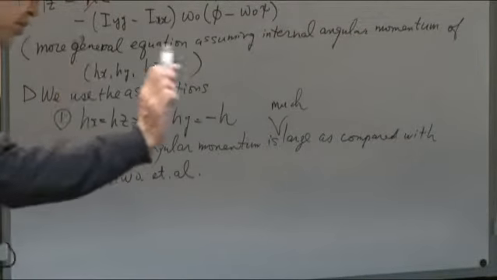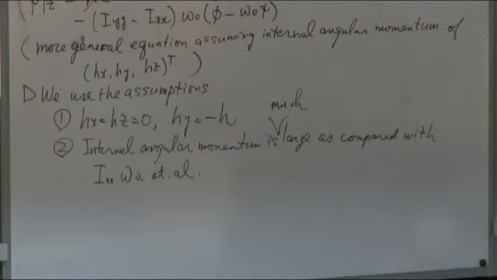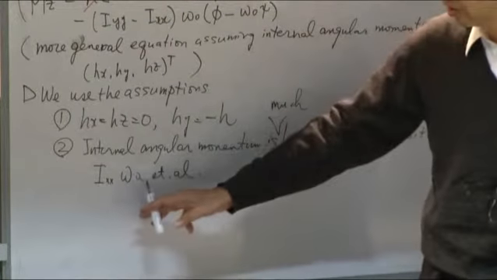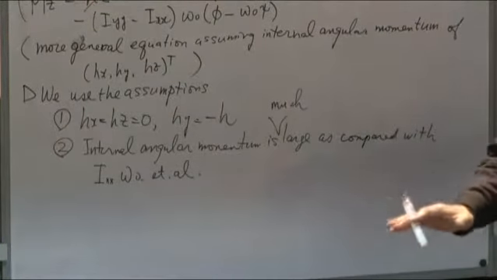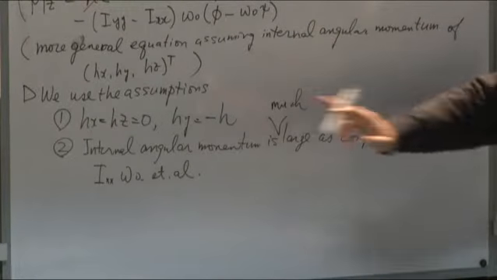Omega 0 is, as I said, the rotational speed of the body. So this is only one rotational cycle in one orbital cycle. So it's very slow. So that means omega 0 is much smaller as compared with the internal angular momentum h.